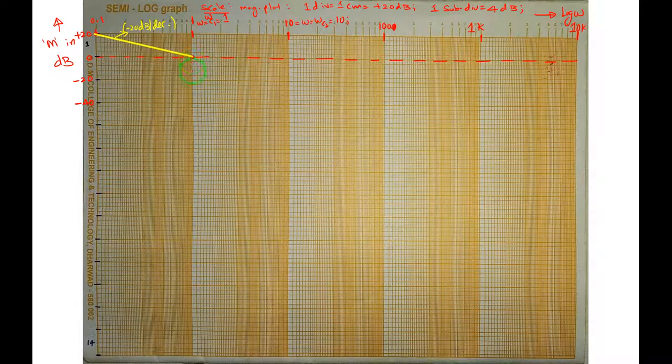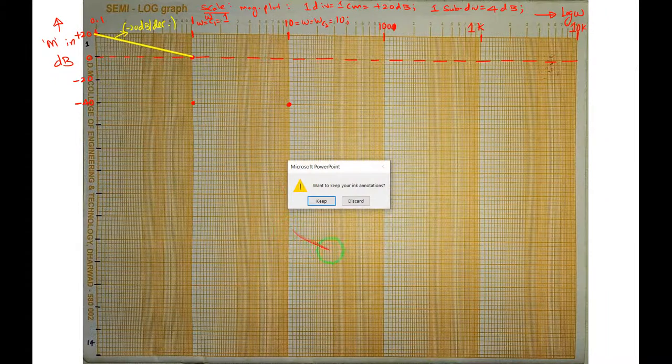Now I am at 0. So minus 20, minus 40, I will come here. From 1 to 10, it is 1 decade. So let me mark it here. So these 2 points, from this I will join it. Let me come out of this PPT and try to keep this. Okay.